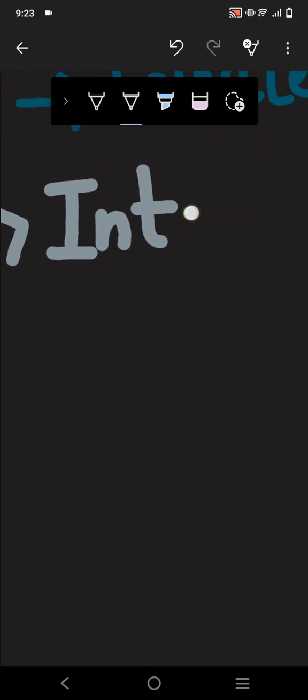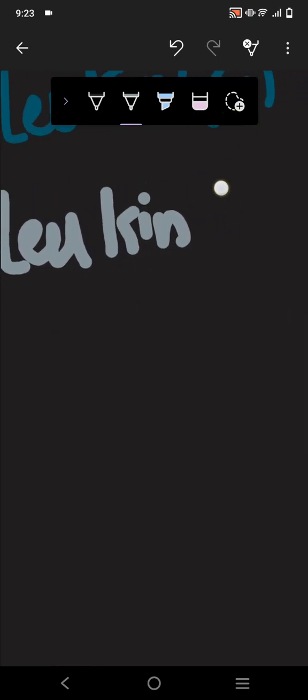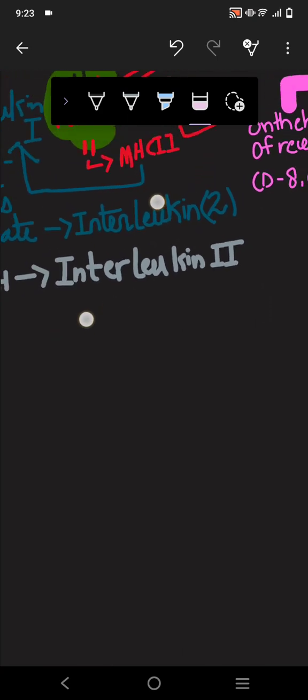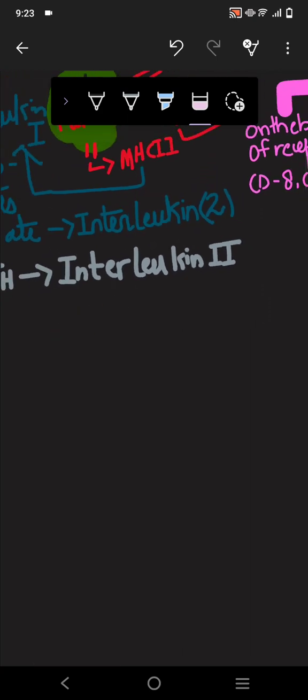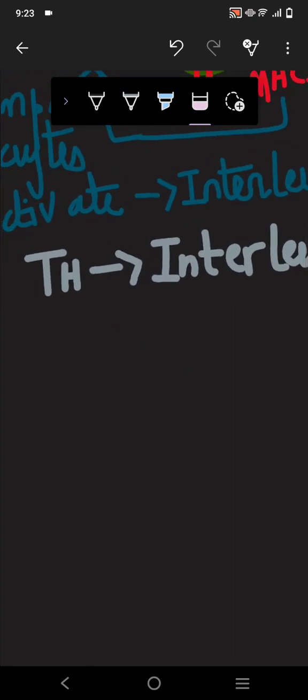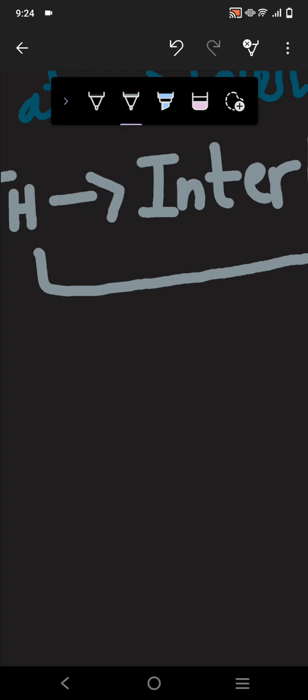As a result, the cells will differentiate, meaning different types of cells will be activated.